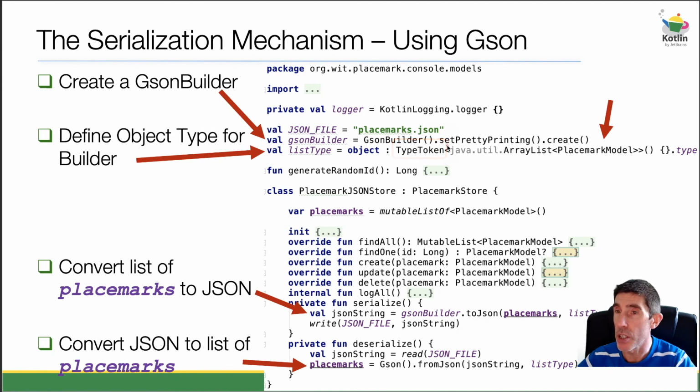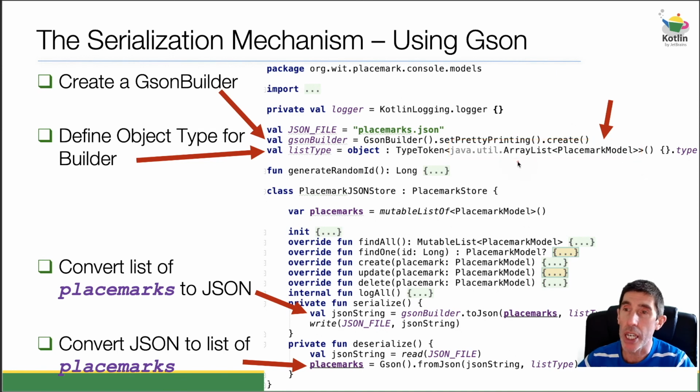And the syntax then is a java.util.ArrayList of PlaceMark model, so we're specifying that's what we're reading into the mutable list, with the closing brackets and a dot type. That's a specific syntax that we need to use to be able to tell JSON what type of data we want to spit out. So here we're specifying that we'll be working with an array list of PlaceMark model objects.